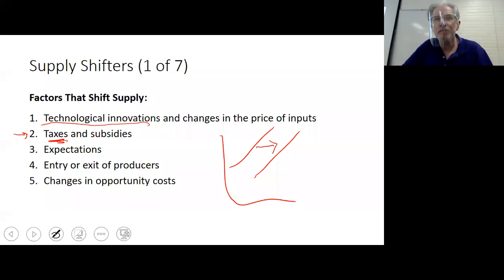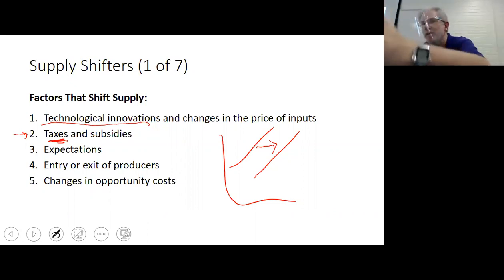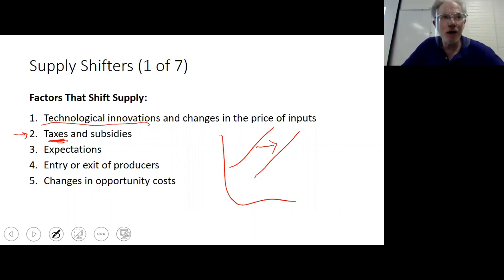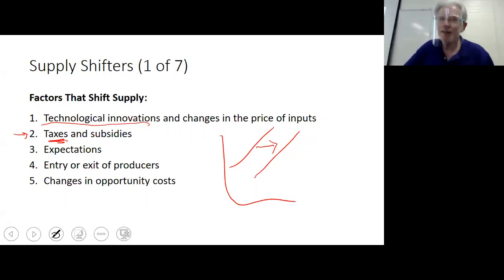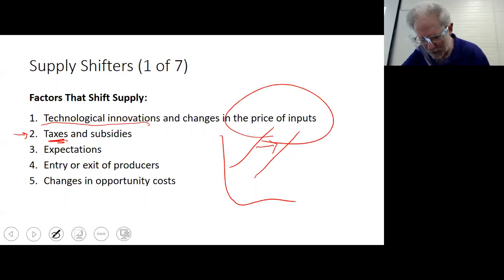It's a state benefit to do something. It's where the government is giving a benefit to the producer if they produce the product. So if the government is subsidizing something, such as ethanol, that's an encouragement. It makes it more profitable to the producers to produce the product. So if you increase the subsidy, it's going to increase supply. If you increase the tax, it's going to decrease supply. I skipped over price of inputs.